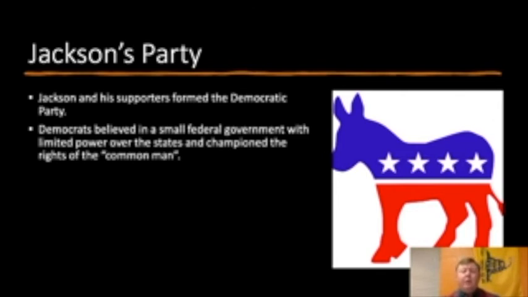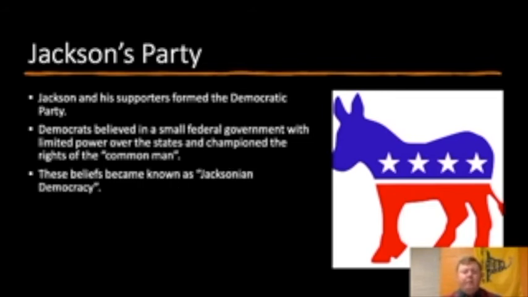So the Democratic Party was formed to kind of represent those blue-collar, hardworking people that don't have a lot of money, that live out on the frontier. More the common man. And these beliefs, the small federal government, limited power over the states, the rights of the common man, become known as Jacksonian Democracy.